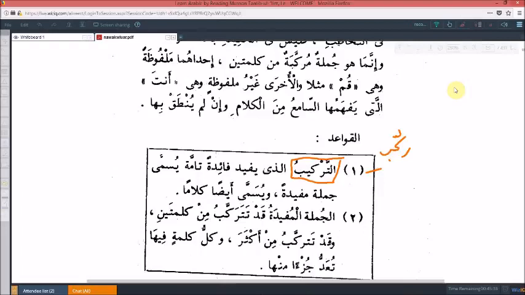So this is called a jumla mufida, or it's also called yusamma aydan kalaman. It's also called speech amongst the nuhat, the nahwiyin, those people of grammar, and this is called kalam. Otherwise, if I just started a sentence, we're just starting a conversation, I said Muhammad, that's not speech.